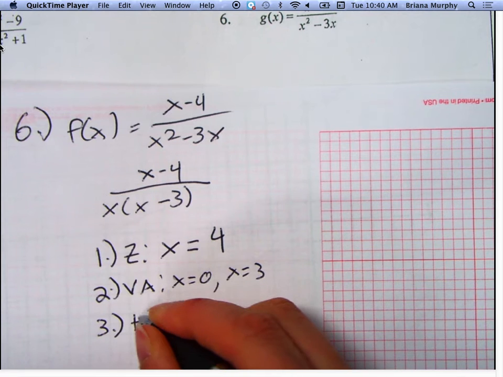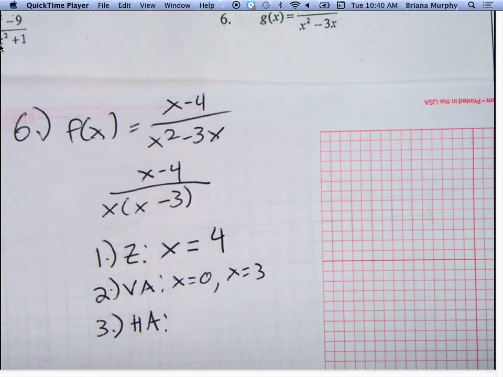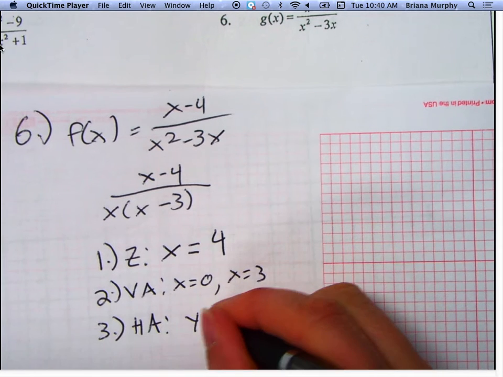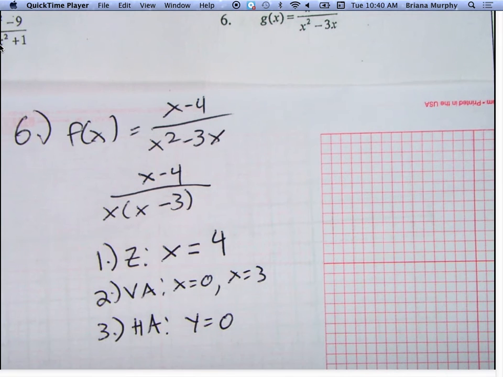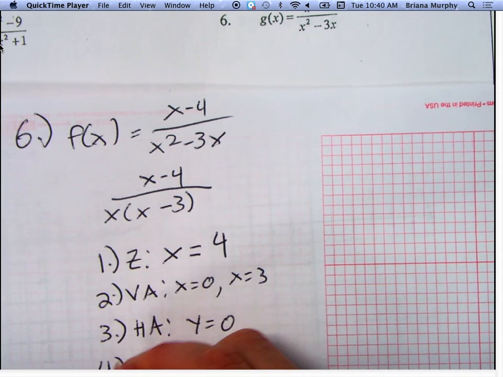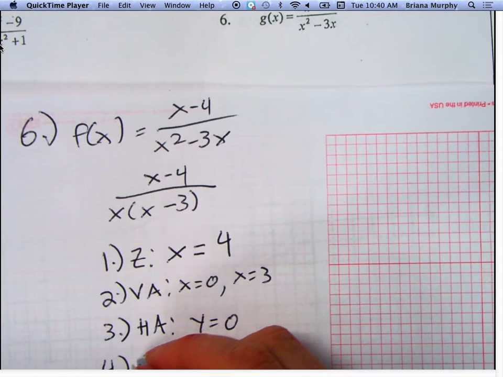What are my horizontal asymptotes? Do you remember the rules? At y equals 0. The top is smaller than the bottom, so it's y equals 0. Is the top one more than the bottom?